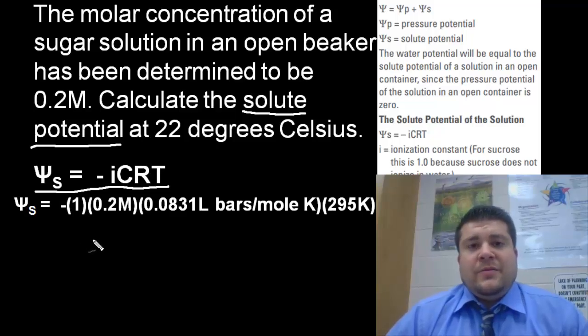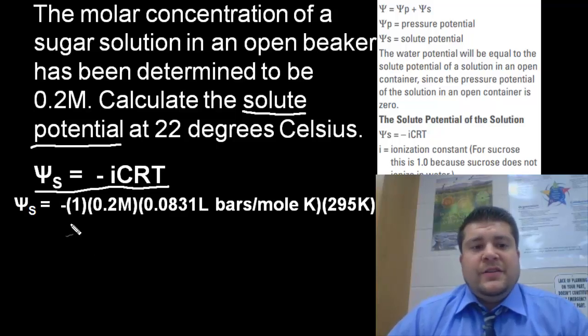Well, usually they're going to be between 1 and 2, and sometimes even just 1 themselves. So the ionization constant is going to be based on what is being placed in the solution. And so this is going to be sugar. Because sugar is covalently bonded, it does not dissociate. And so because of that, it's going to be just the number 1.